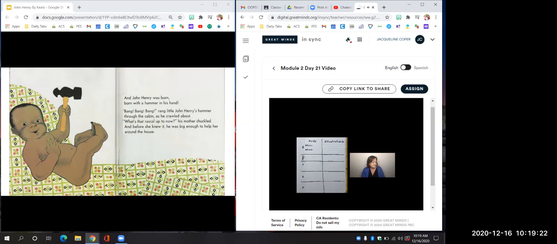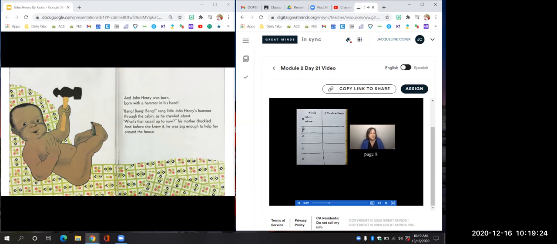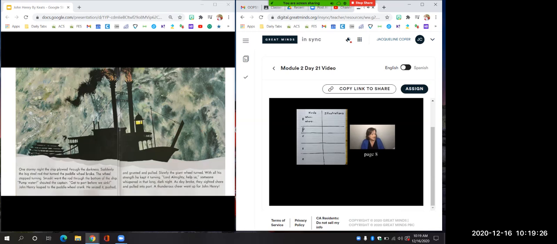Here we go. One stormy night, the ship plowed through the darkness. Suddenly, the big steel rod that turned the paddle wheel broke. The wheel stopped turning. Smash went the rod through the bottom of the ship. "Pump water," shouted the captain. "Get to the port before we sink." John Henry leaped to the paddle wheel crank.